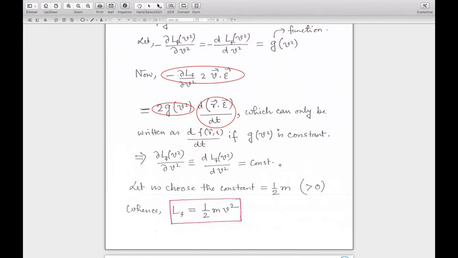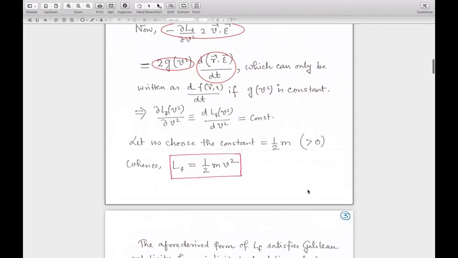There is a constant of integration, which you can remove by imposing that when v square is 0, L_F is also 0. Now let us choose this constant of proportionality to be half of m. I don't know yet what m is, but I just write half of m. Then L_F is equal to half m v square. I also suppose here m is greater than 0.